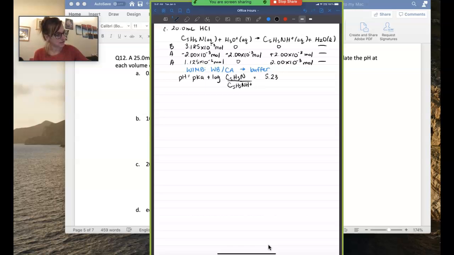So 5.23 plus the log of 1.125 times 10 to the negative third moles over 2 times 10 to the negative third, and you should get 4.98 for this one here. Once again, you can work with moles for Henderson-Hasselbalch because it's a ratio, so no need to calculate the final concentrations at this point.